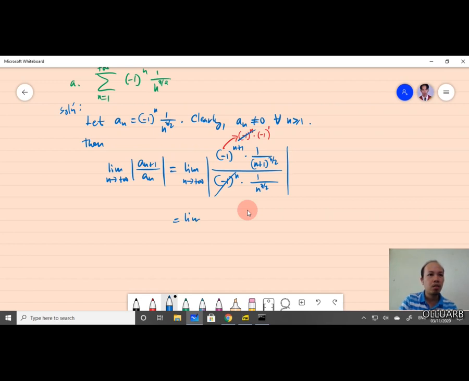What is left here is negative 1 times 1 over n plus 1 to the 3 halves times n to the 3 halves over 1 as n approaches positive infinity.